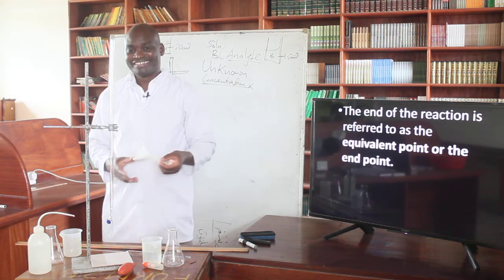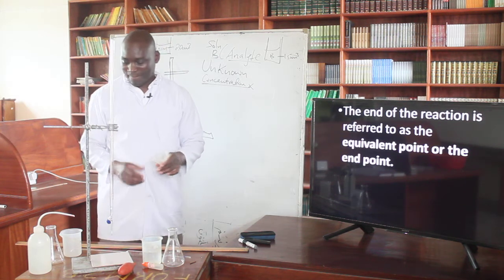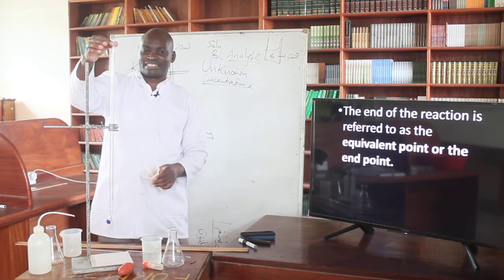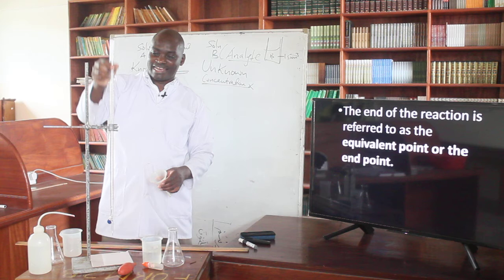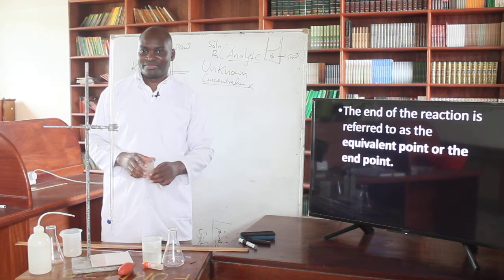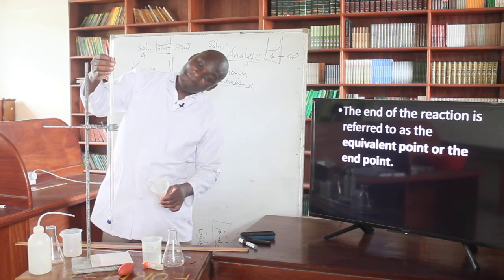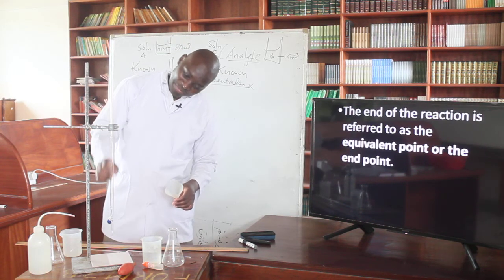Then, for example, let's say I want to put this analyte in the burette. Now the burette is graduated from 0 up here, downward up to 50.